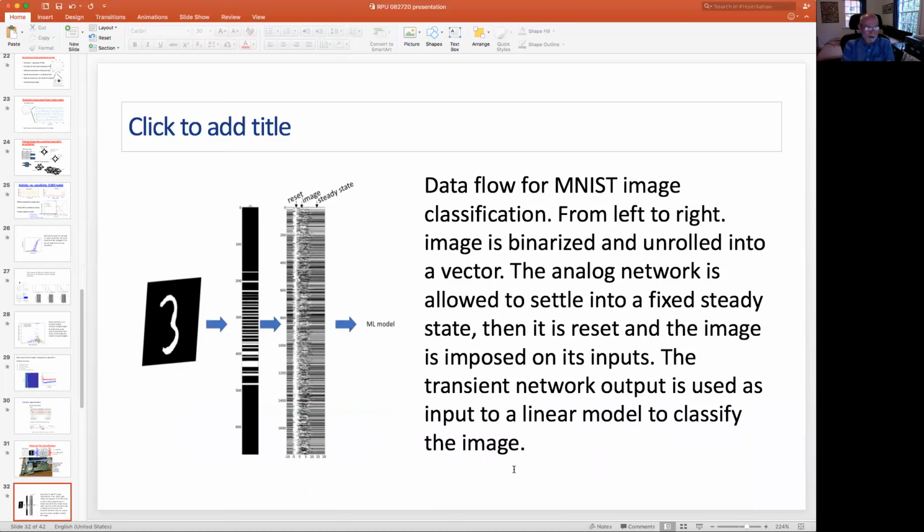And then that 700-long binary vector is fed into a 4096, or in this case, I think this is an 1800 node reservoir. We then allow the reservoir to do its nonlinear computation on it and observe the reservoir state after 1 or 2 clock cycles.